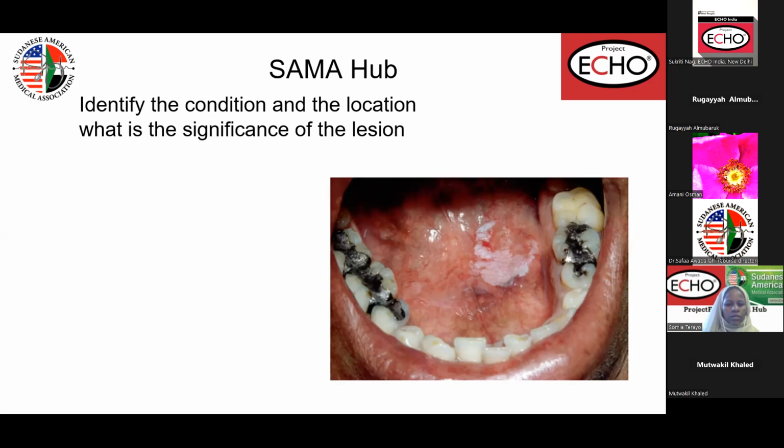Okay, the next one. I want you again to identify the condition, the location, and the significance. I think this is really easy. Would you agree? Okay, we will have 30 seconds just because we are pressed on time.